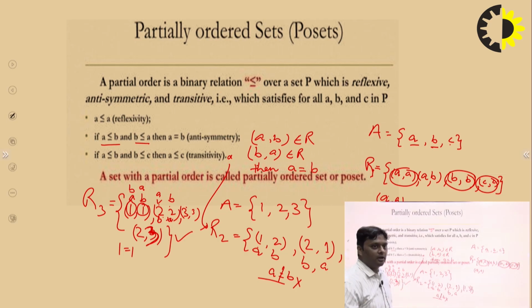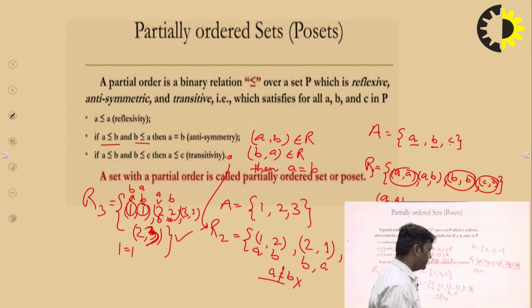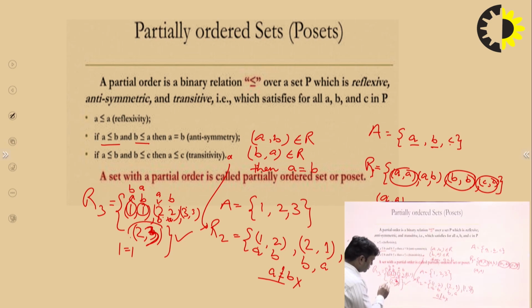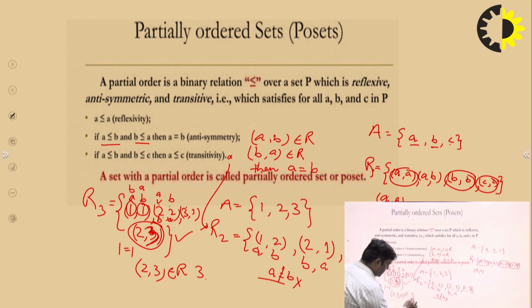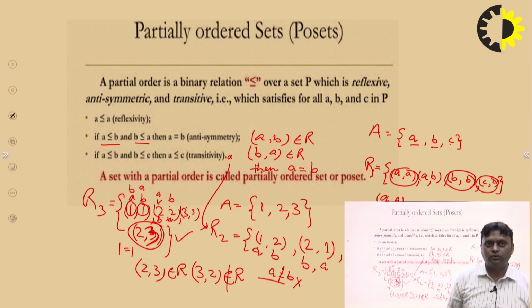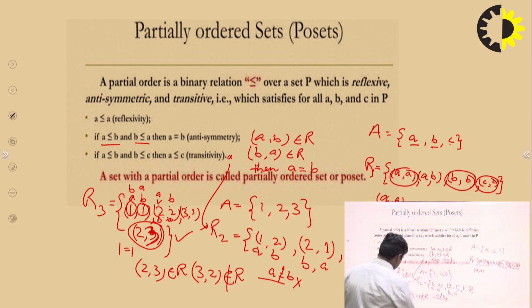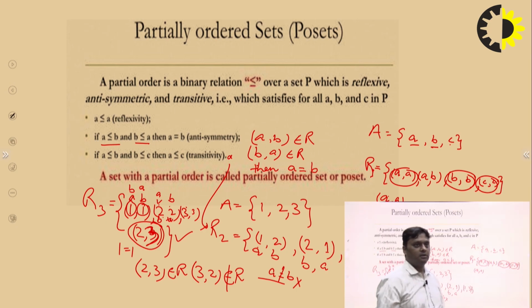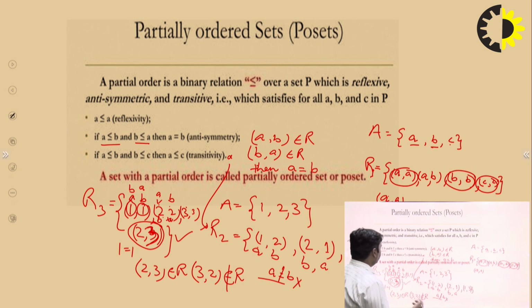R3 is antisymmetric here because (2, 3) belongs to R, but (3, 2) does not belong to R. So we don't need to check A equal to B. If both belong to R, then we have to check A should be B, then it will be antisymmetric.